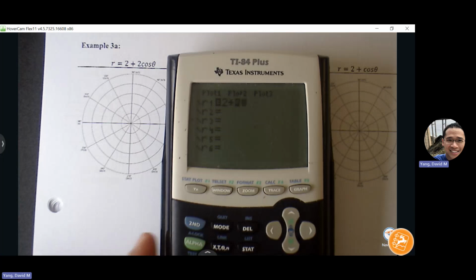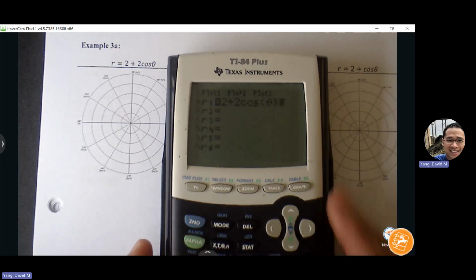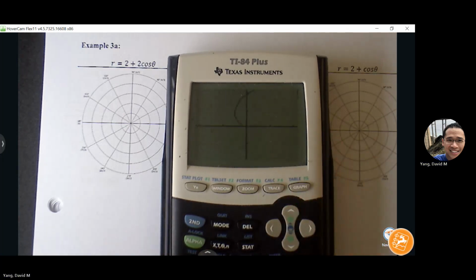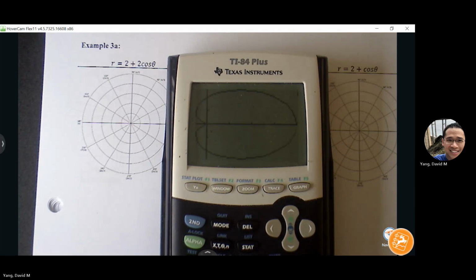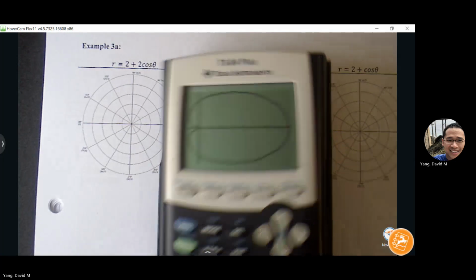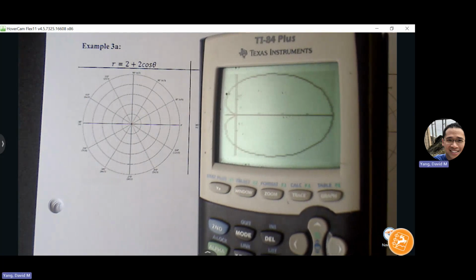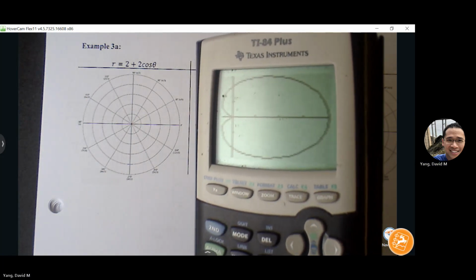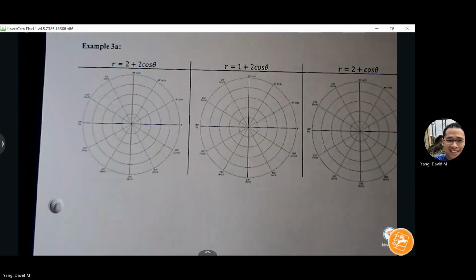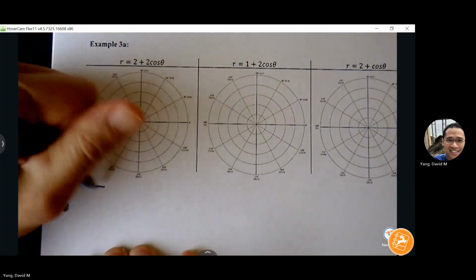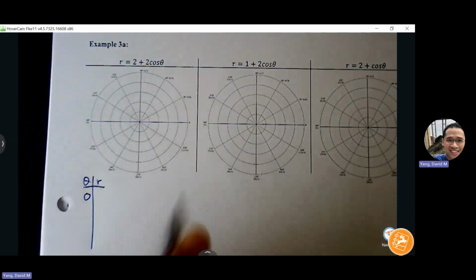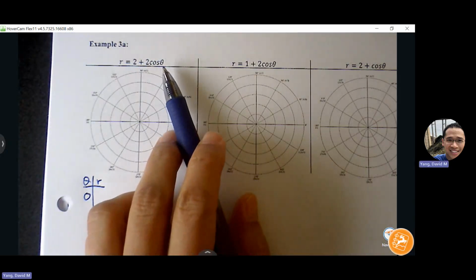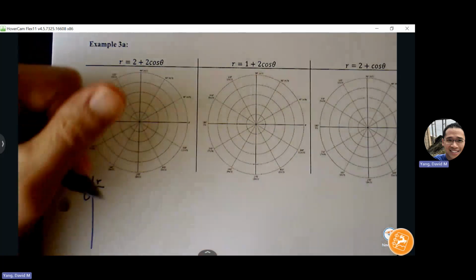So 2 plus 2 cosine theta. We do zoom 0. Okay, let's start with 0 here. So cosine of 0 is 1. 1 times 2 is 2. 2 plus 2 is 4.